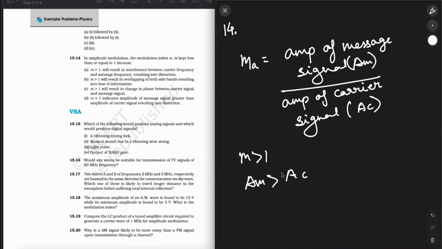In this situation, there will be a distortion in the resulting signal of the amplitude modulated wave.